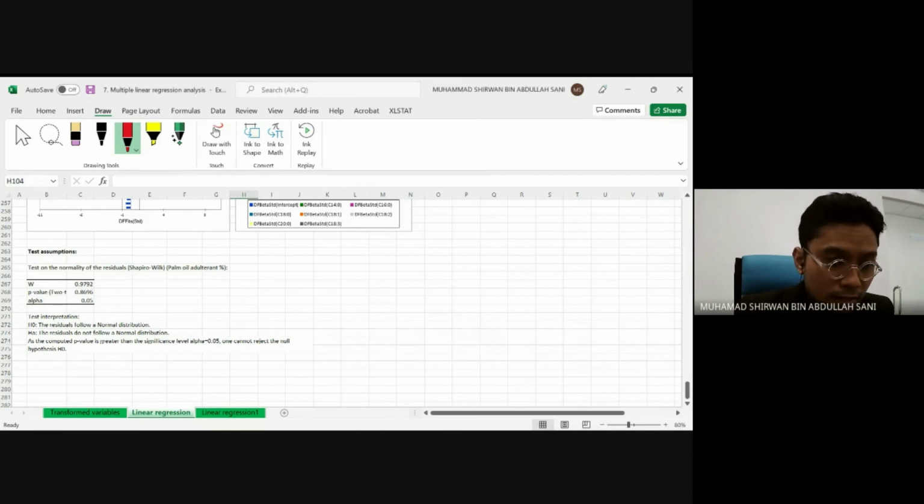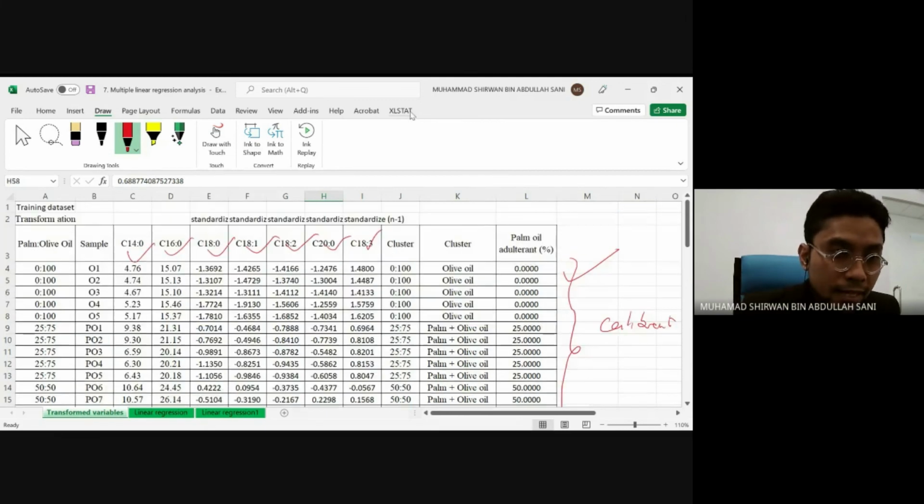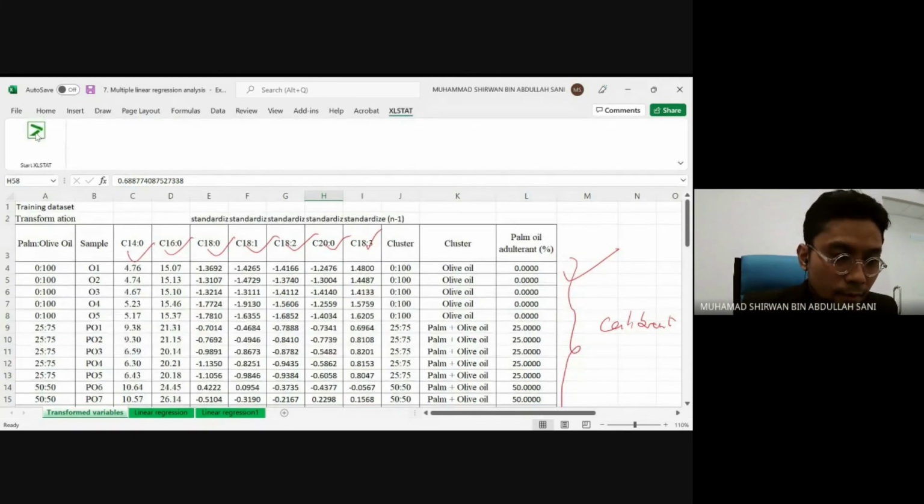Because all of these results that we get are from the training data set. We just trained the model. Now we want to test the model, its capability. So what we do is we run Excel stat again.